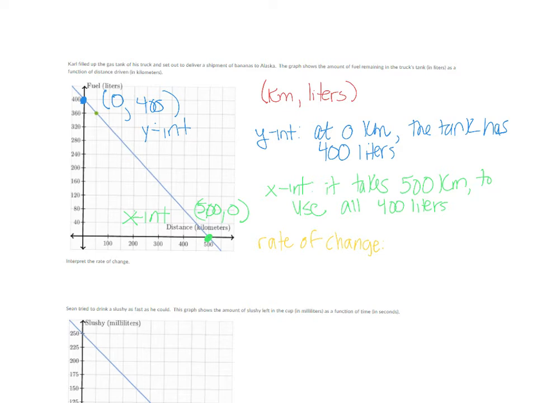Our last thing we want to look at here is our rate of change. Rate of change is our slope. And so if we look at this, it's going downhill. And so we're going to say that that's a decrease.